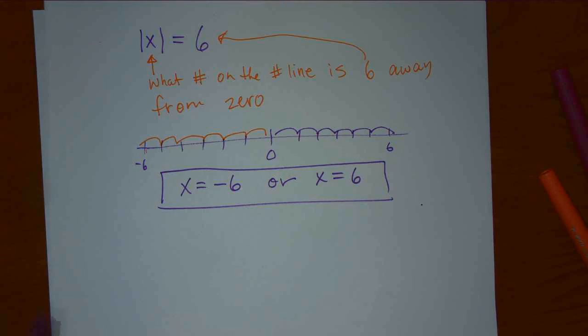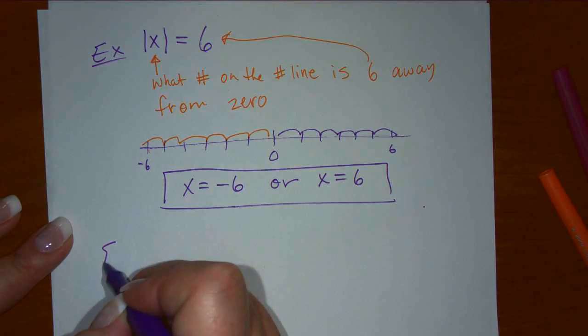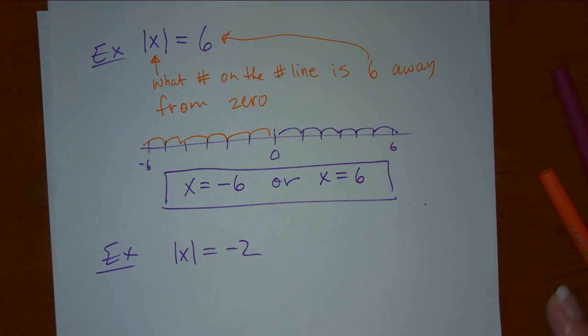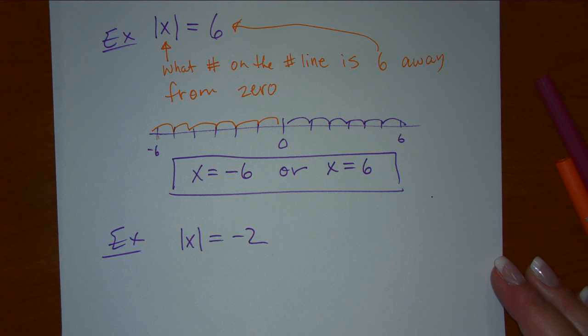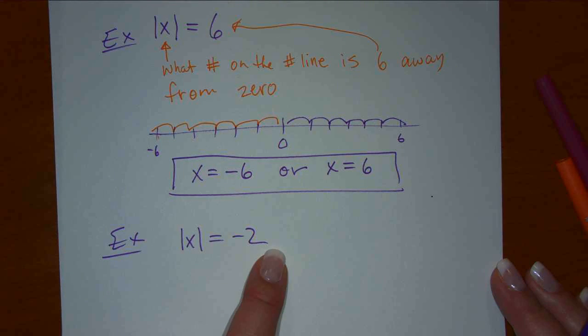What about this? Let's say that's the next example. What values of x are a distance of -2 away from 0?